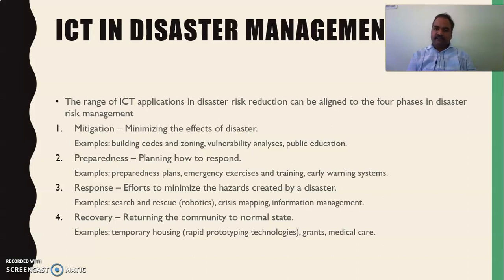These come under the mitigation phase. With this, we can try to minimize the effect of a disaster, educating the people through some sort of public addressing system, or by developing or using a web application or mobile application. All these come under the mitigation process.